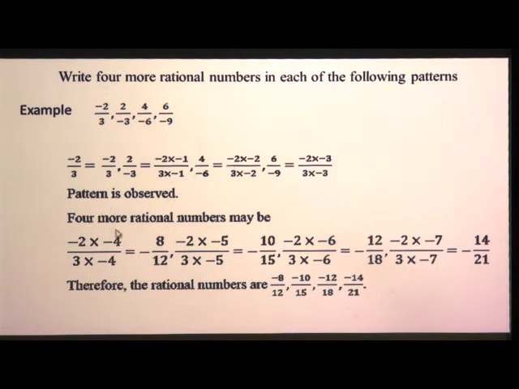So, 4 more rational numbers may be minus 2 multiplied by minus 4, 3 multiplied by minus 4, which is equal to minus 8 upon 12. Now, you might be thinking, minus 2 multiplied by minus 4 gives plus 8, but we have minus 4 in the denominator.